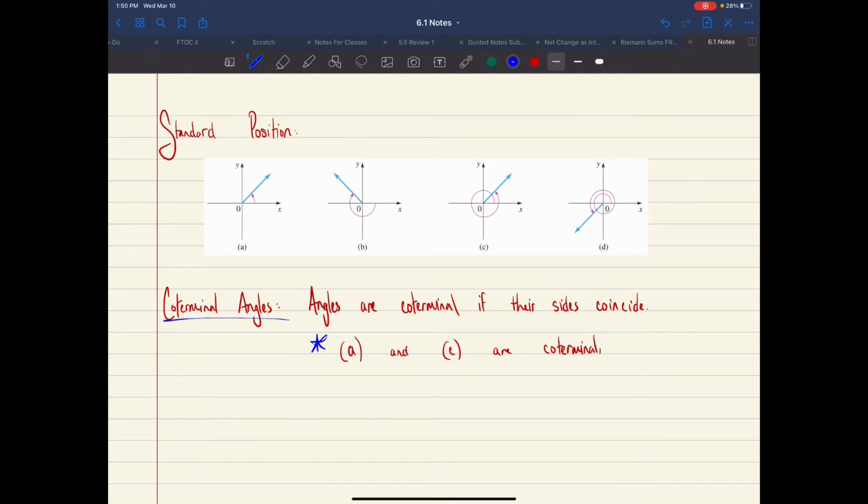What this brings us to is coterminal angles. Angles are coterminal if their sides coincide. Coterminal means that the angle terminates at the same place for both angles.